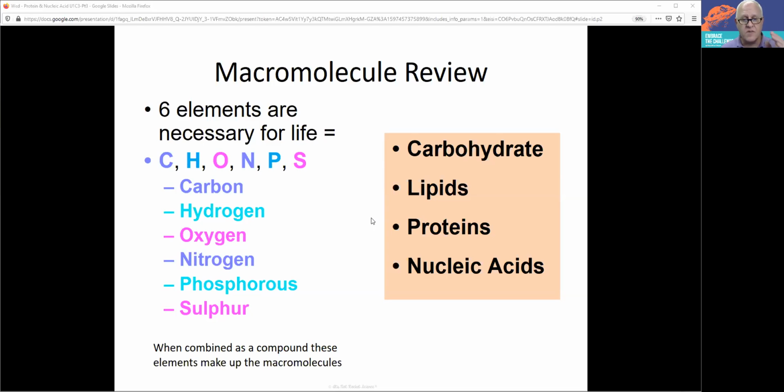They are carbon, hydrogen, oxygen, nitrogen, phosphorus, and sulfur. And the 4 macromolecules are the carbohydrate, which gives you short-term fast-acting energy, the lipid, which gives you long-term energy, and then the proteins and the nucleic acids.